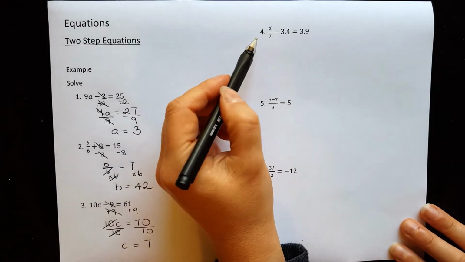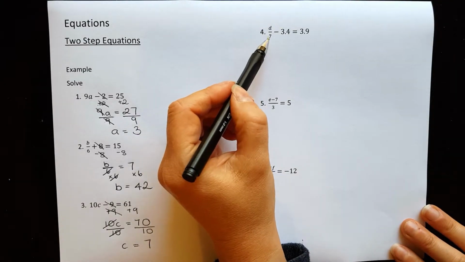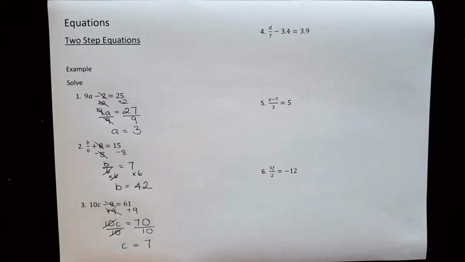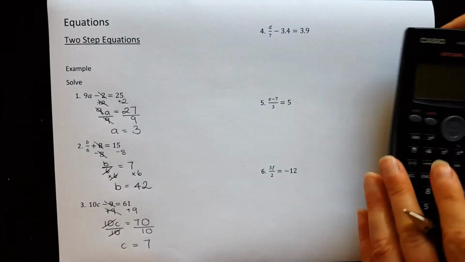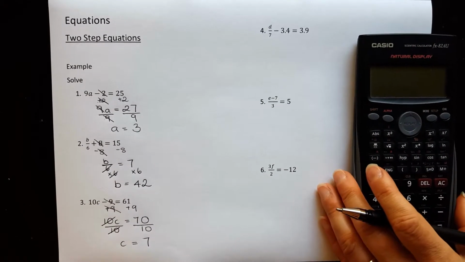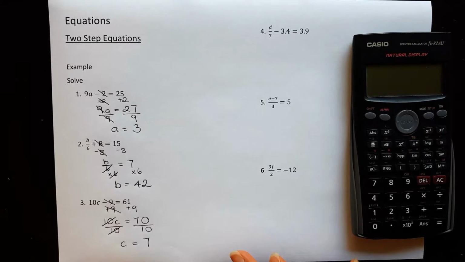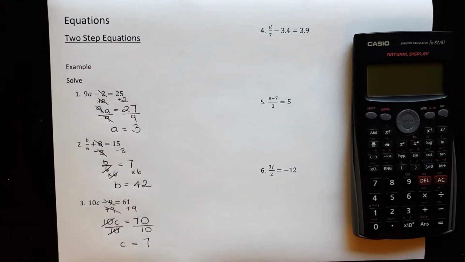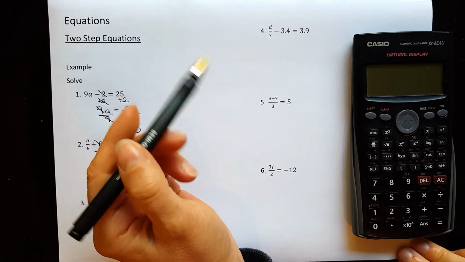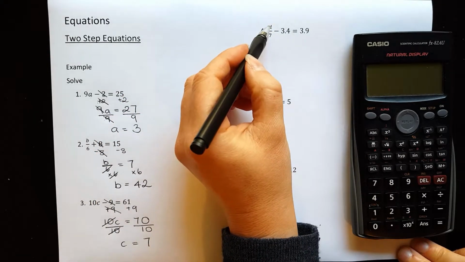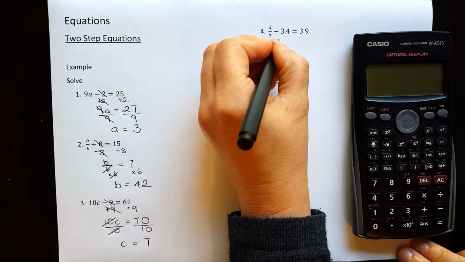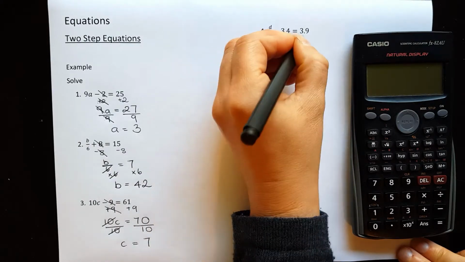Question 4. We have d over 7 minus 3.4 is equal to 3.9. So you may need your calculator. When we're doing decimals, a calculator might be important. So the rules still apply though. First of all, I'm going to have to add the 3.4 to both sides.